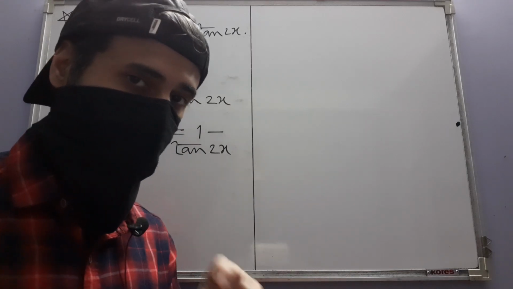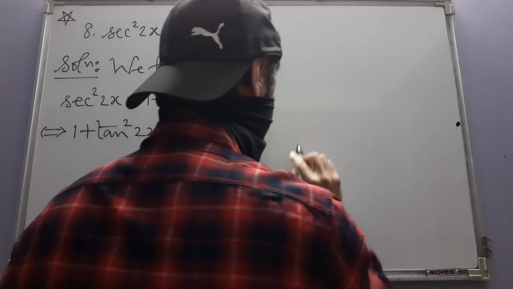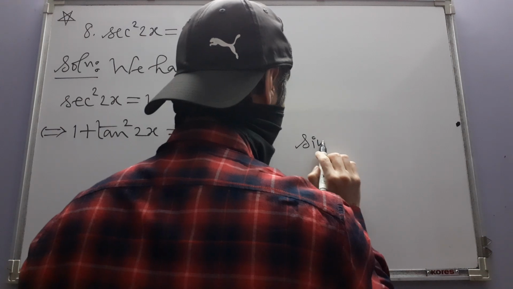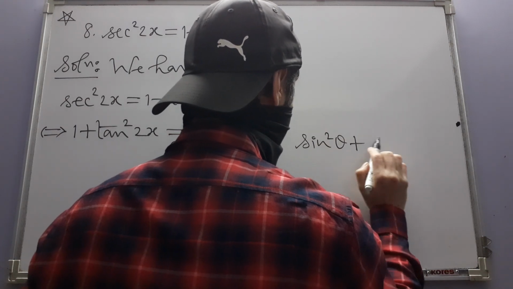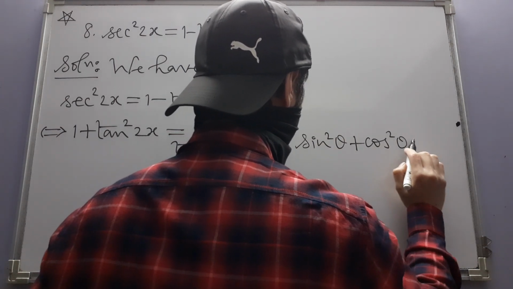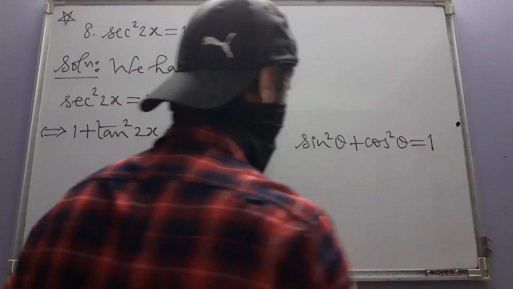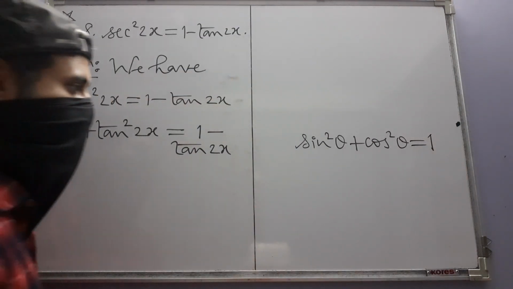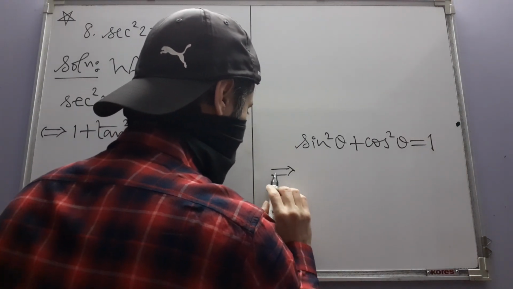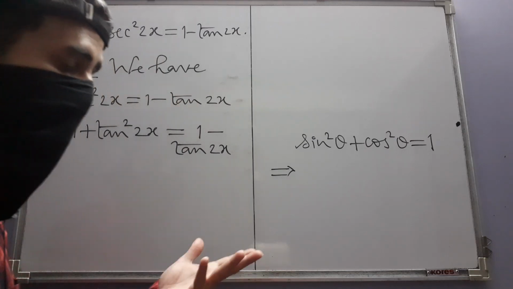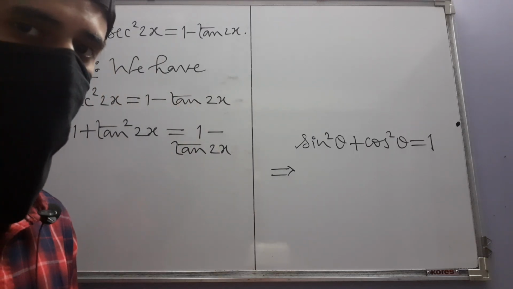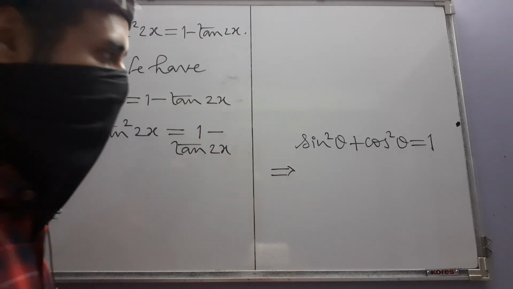Always remember the root. You at least know this thing, no? Sine squared theta plus cos squared theta equals 1. It's very difficult to forget this one at least. Right? From this, how can you get tan and secant? You divide by cos square.